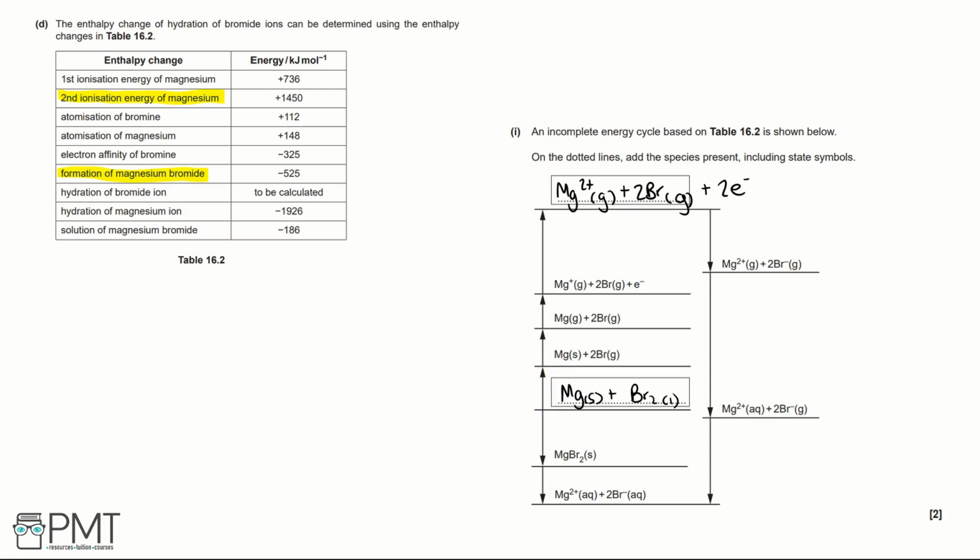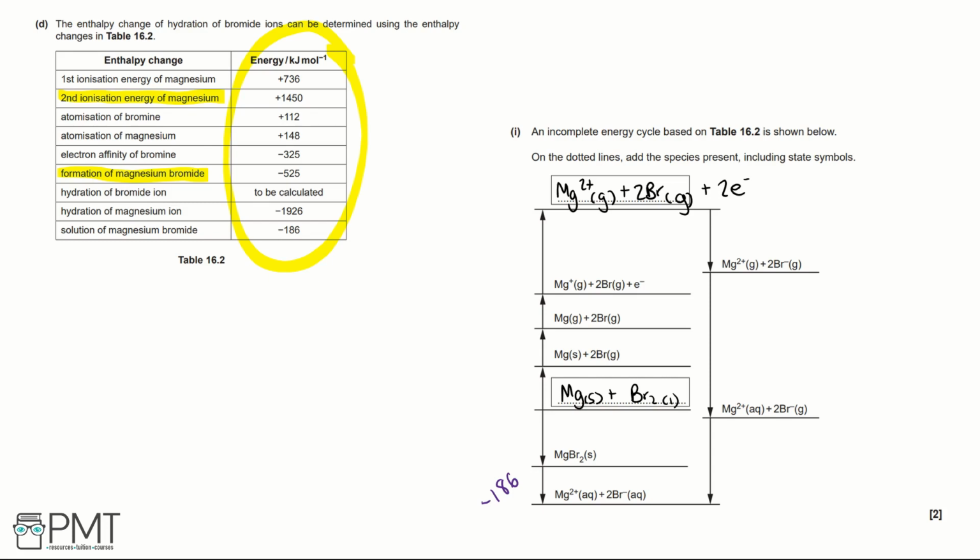So the first thing we should do is fill out the numbers that we already know, which are here, and assign them to an arrow. So if we start at the bottom left, that's going to be minus 186, which is the solution of magnesium bromide, because you're going from this magnesium bromide solid to being 2 different ions in solution.